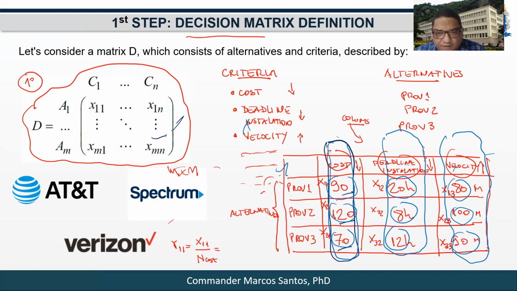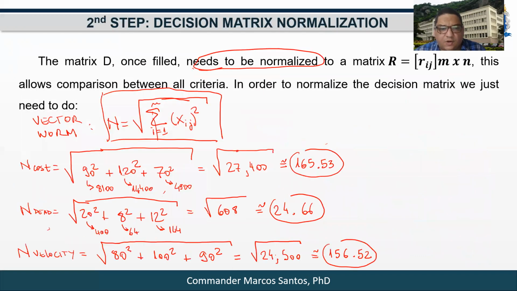So we have x1,1, 90, over the vector norm of cost, which is 165.53 that we calculated here.